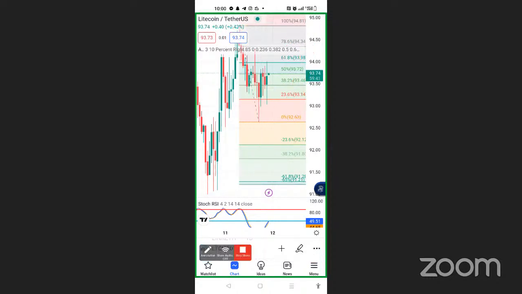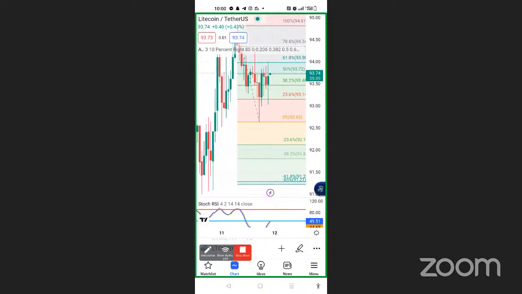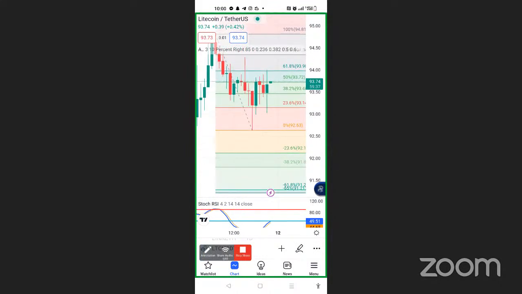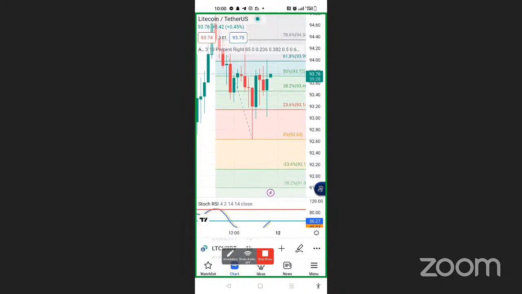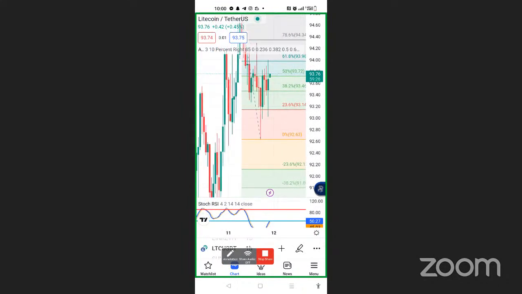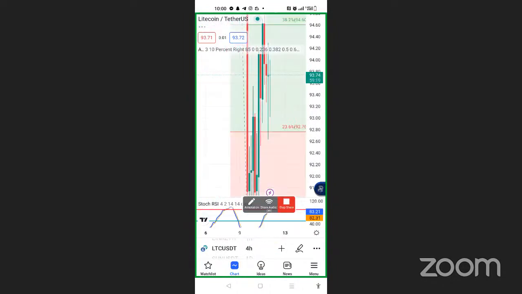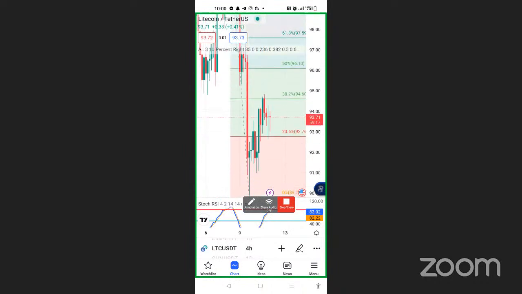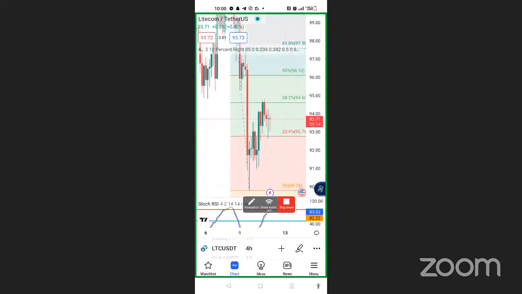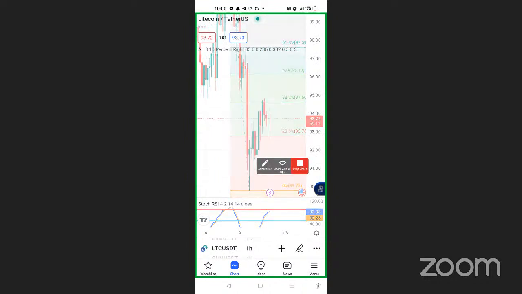Now, before I continue, ladies and gentlemen, now that you expect the market is going to retrace, this is 1 hour. This is 4 hours. This is 1 hour. Okay, good.